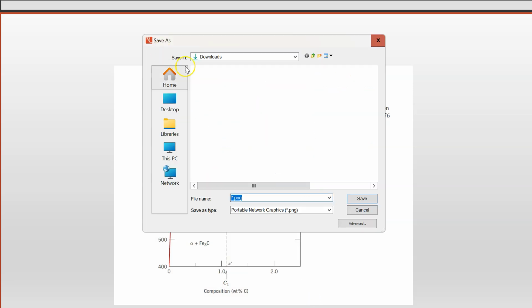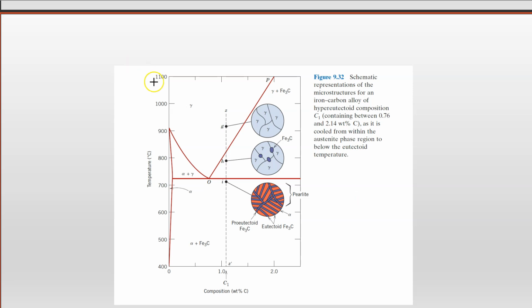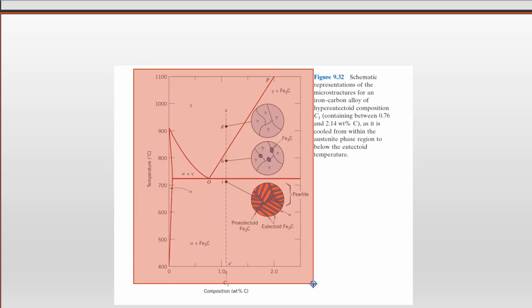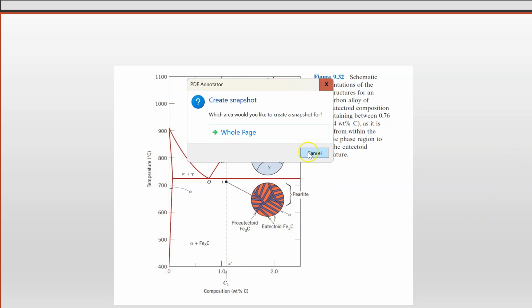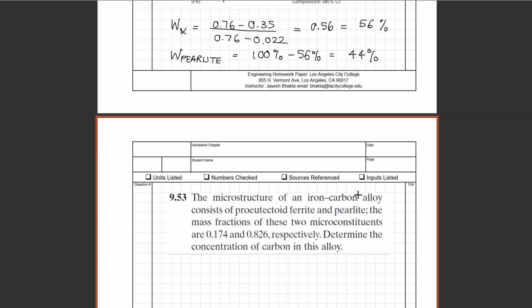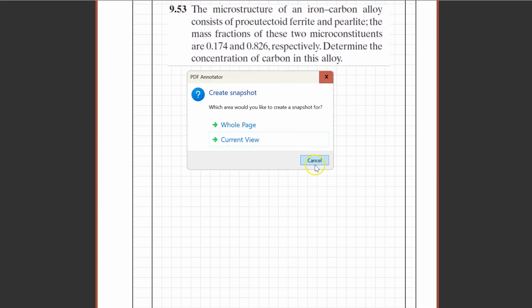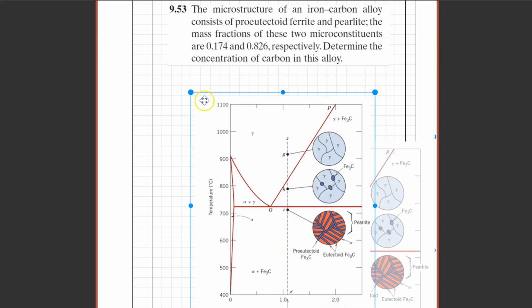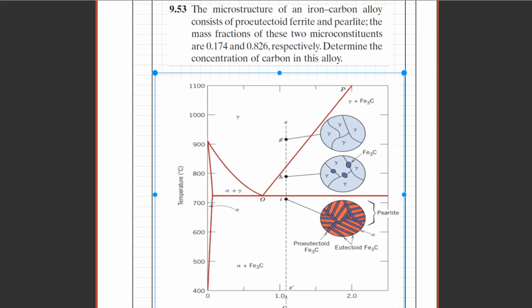I'll save that as an image, and I'll also copy it.